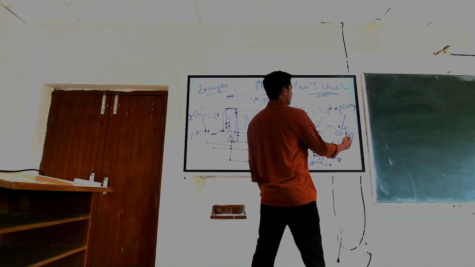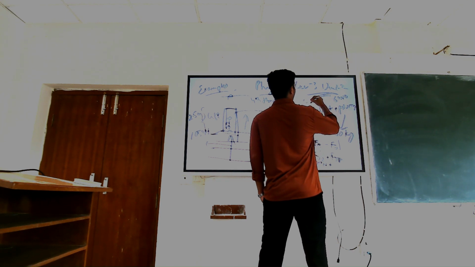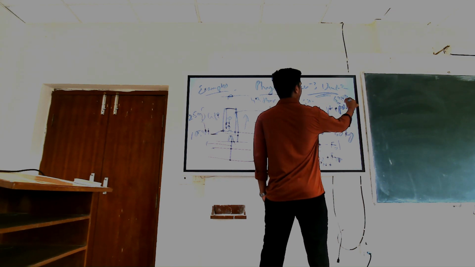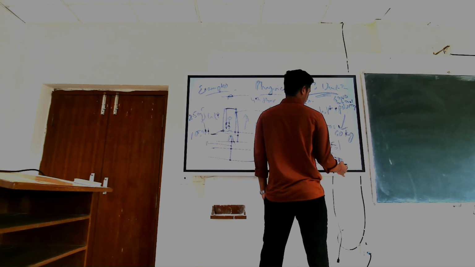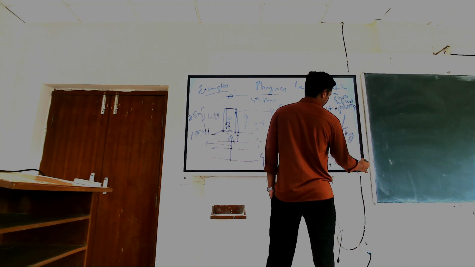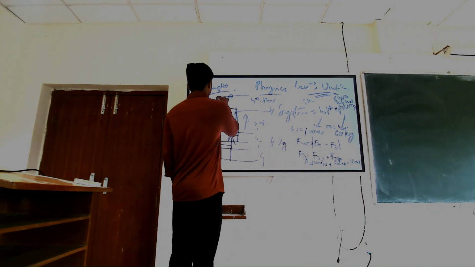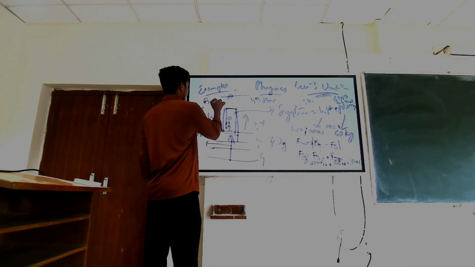The gravitational force on the person is 60 kg into 10, because g equals 10, so we get 600 Newton. Now it is 1600 Newton downwards.